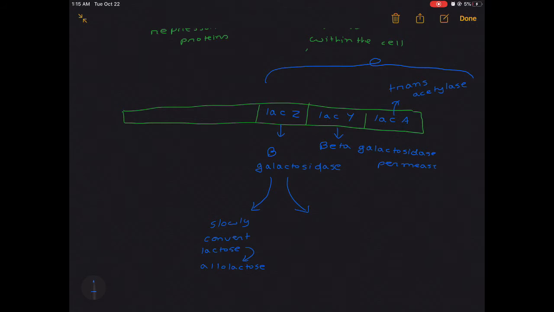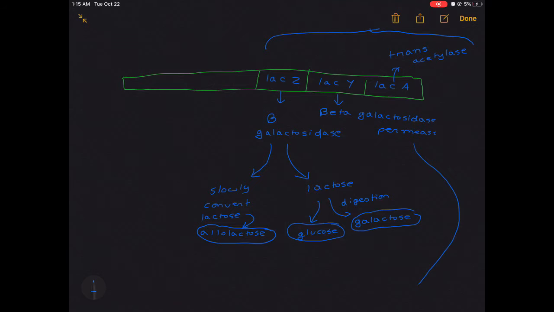Secondly, it will also digest lactose into glucose and galactose. We'll come back to the function of these molecules later.